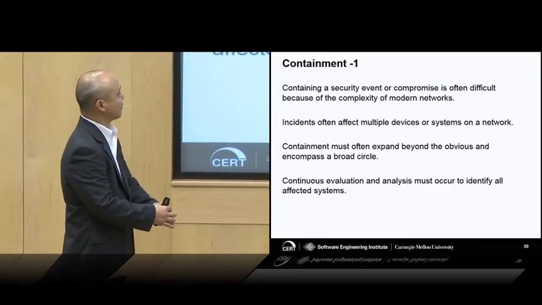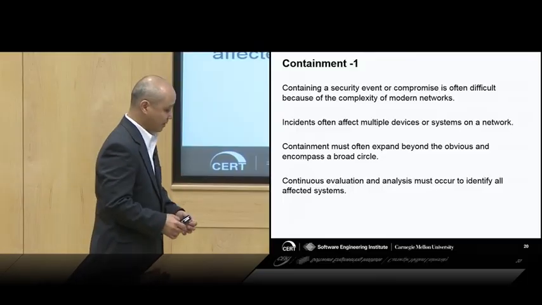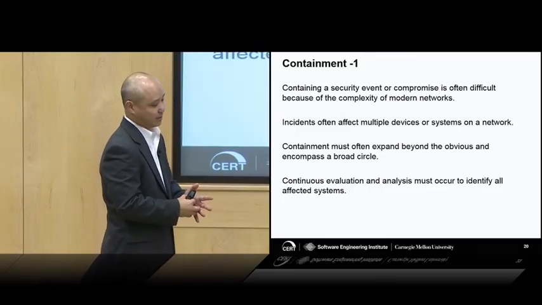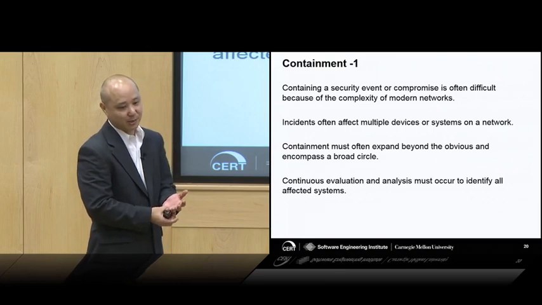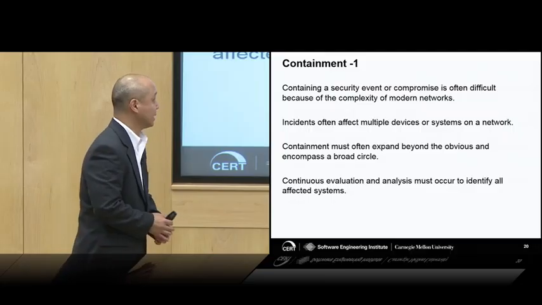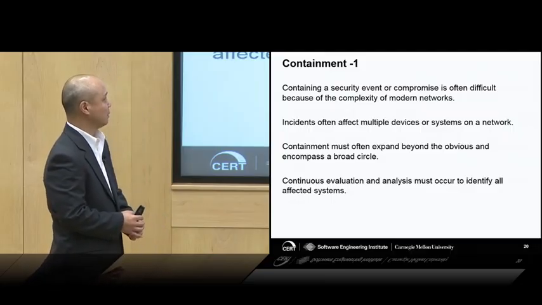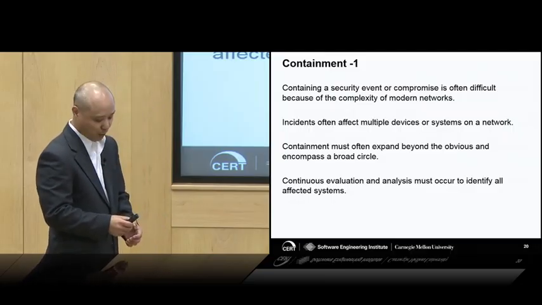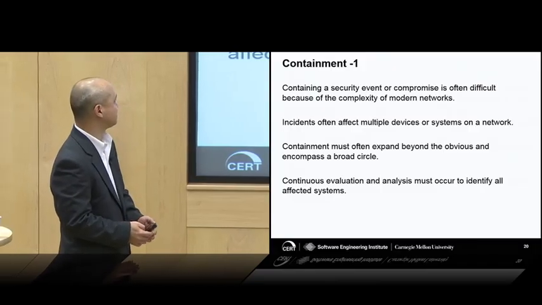Right? And then also incidents do occur on multiple devices or systems on a network. So sometimes you don't know, you may pull one cable and there may be 6 or 7 more that would need to be pulled to actually stop what's happening.